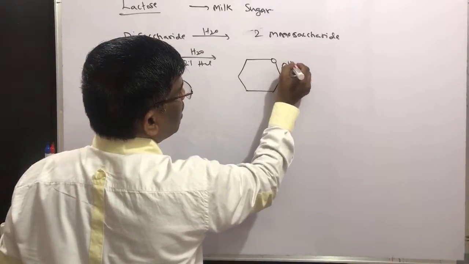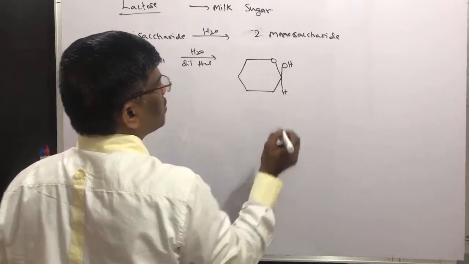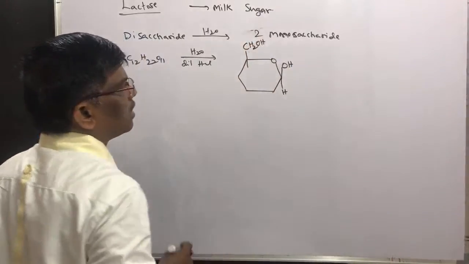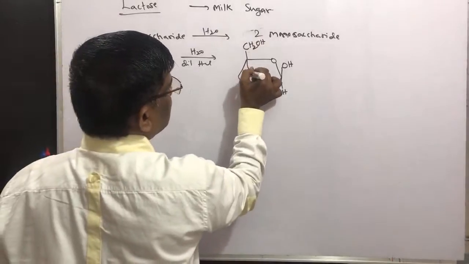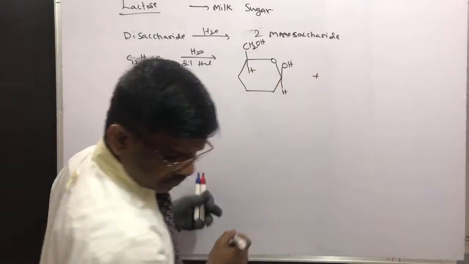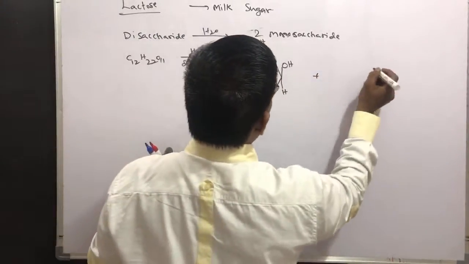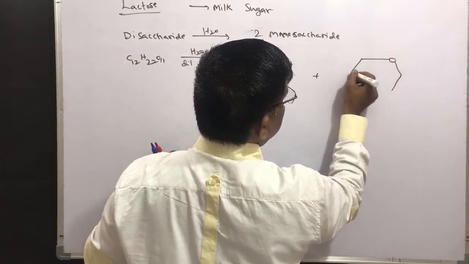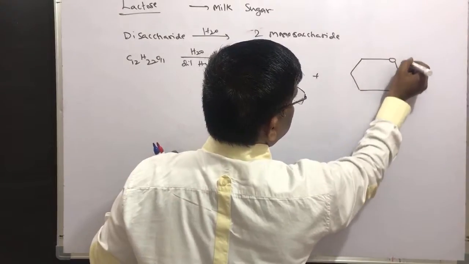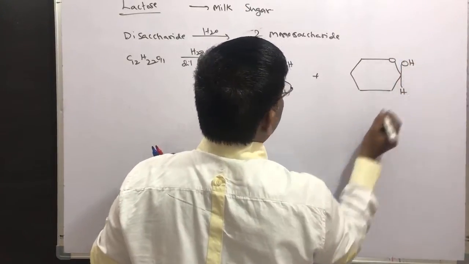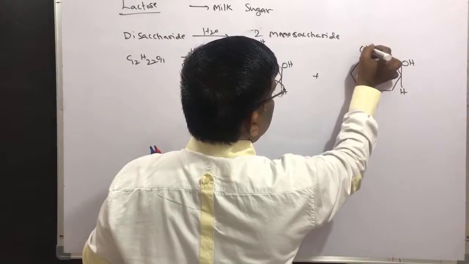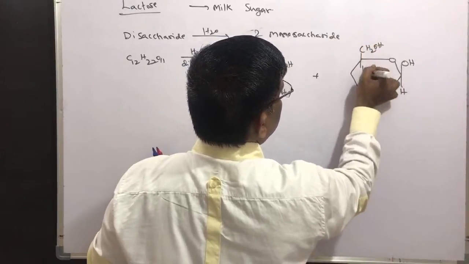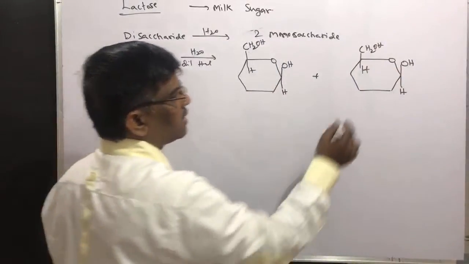So beta D galactose plus beta D glucose. Beta D glucose. What is this remaining?